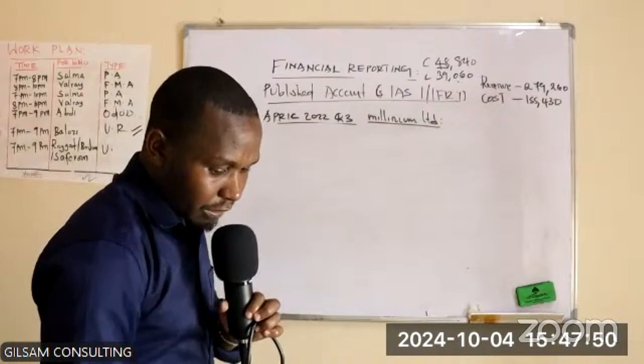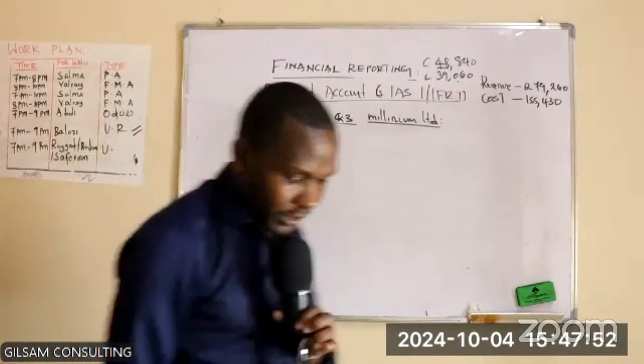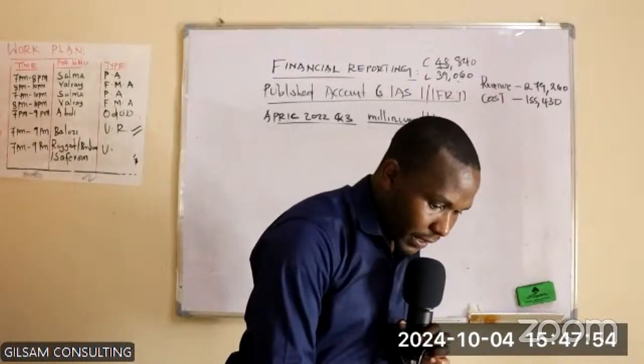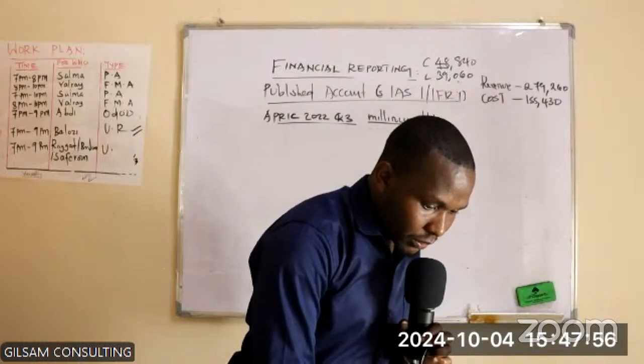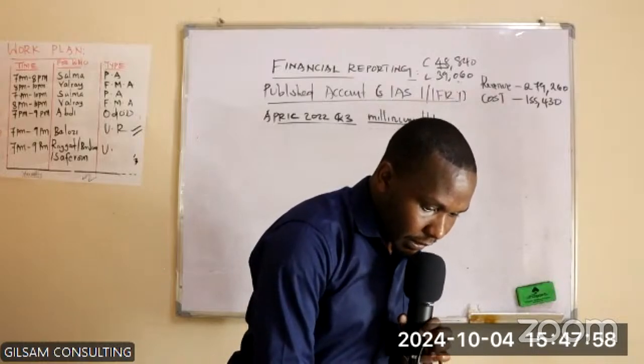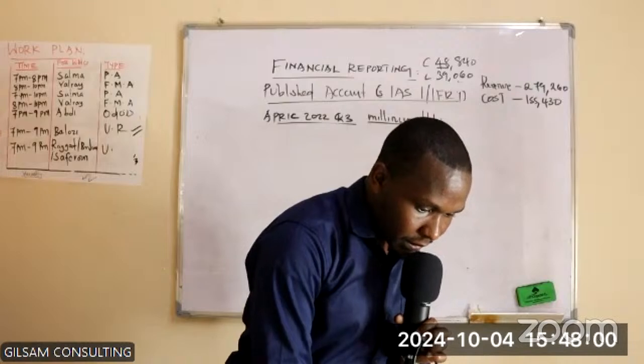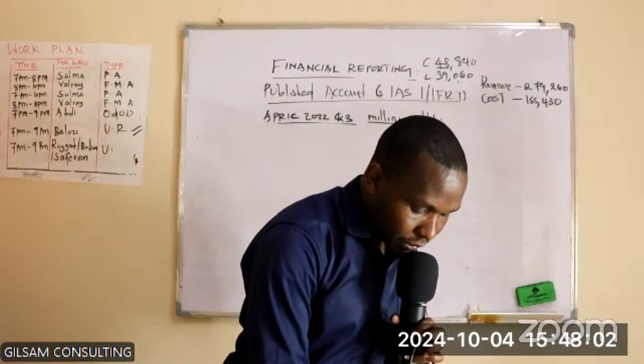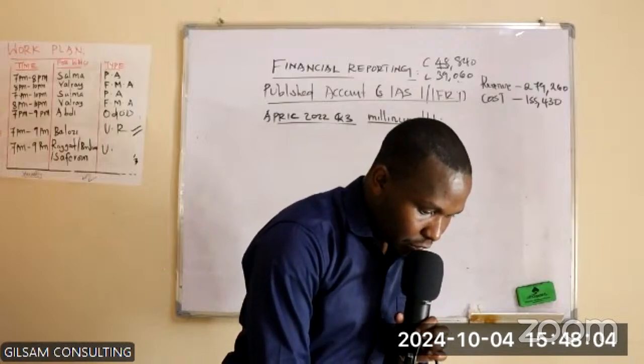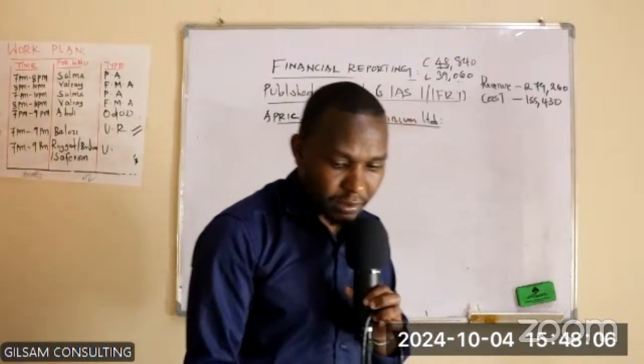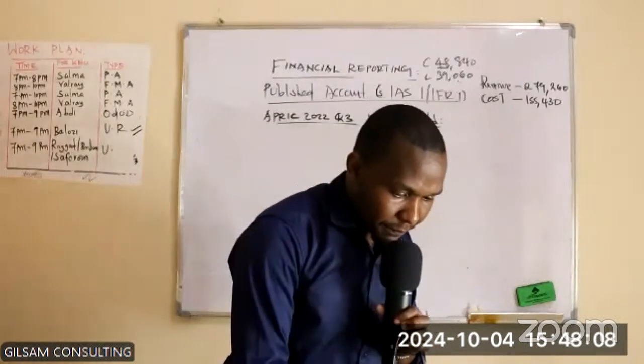So we are doing note 3. We have dealt with note 5. Note 3, I can see that one is for revaluation, so revaluation gain and loss will come there.